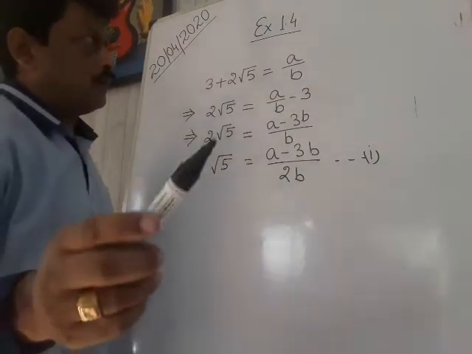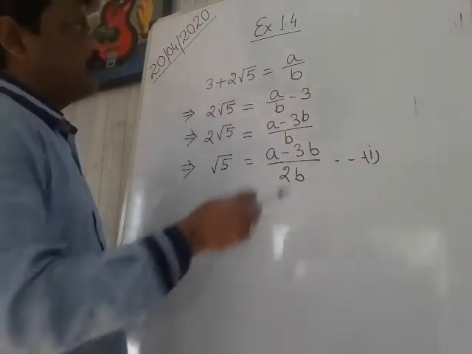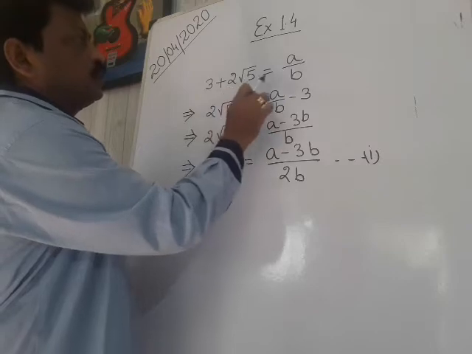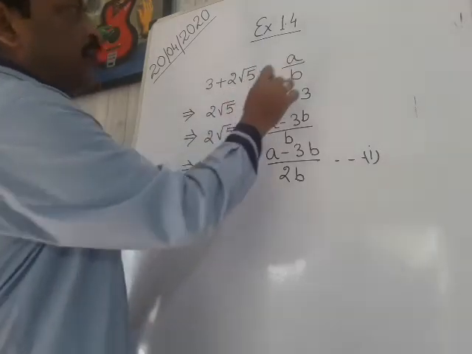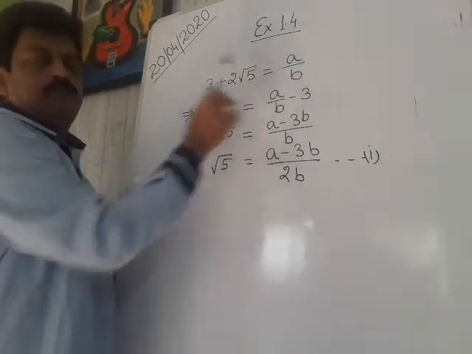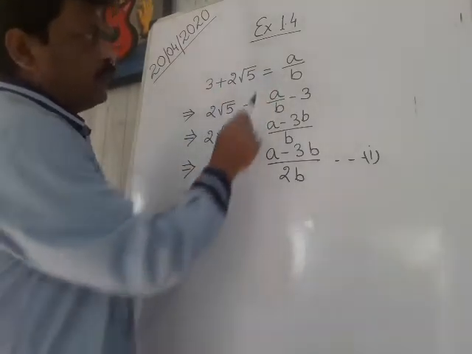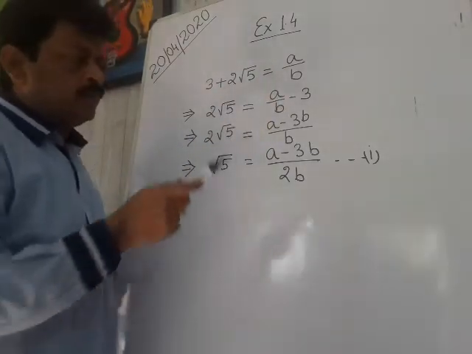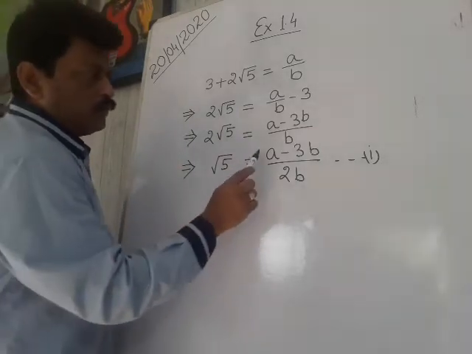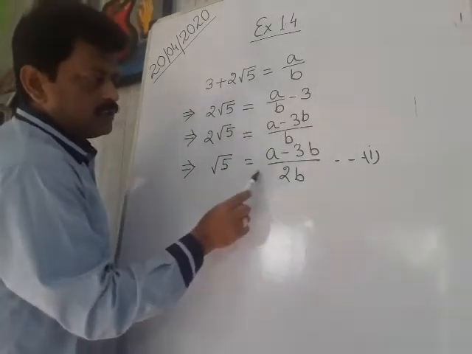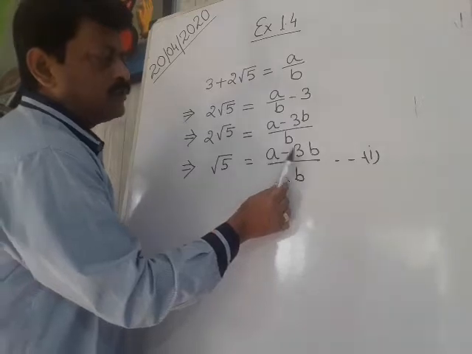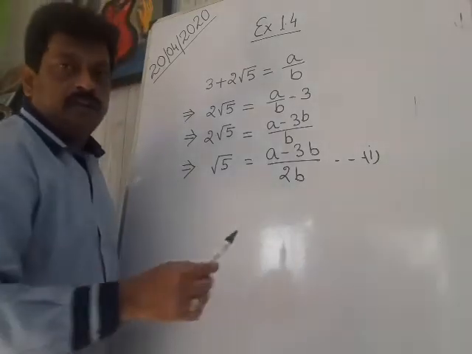Now we have earlier assumed that 3 plus 2 root 5 is in the form a by b, where a and b both are integers and b not equals to 0. Now if a and b both are integers and b not equals to 0, we can say that a minus 3b upon 2b is rational.